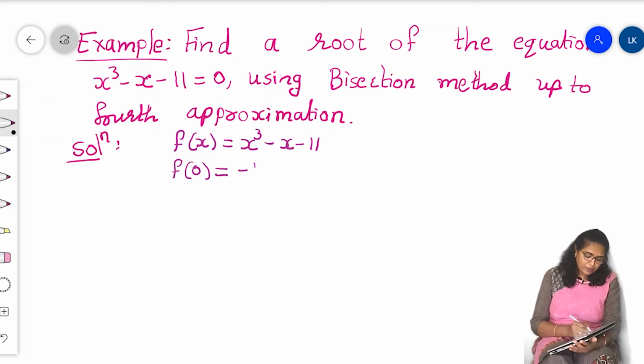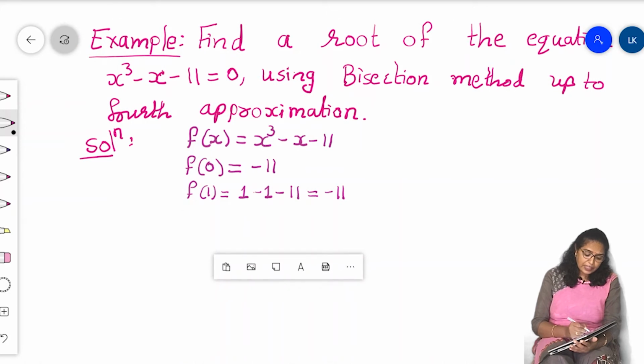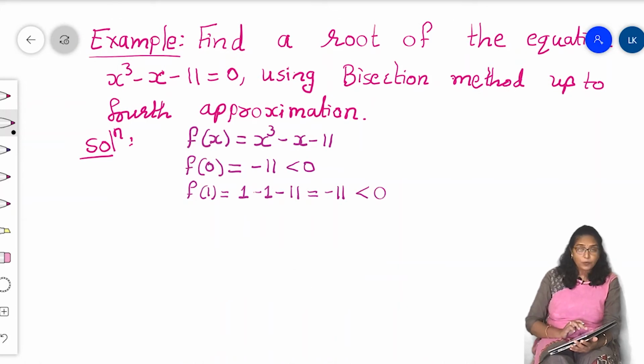F of 0 is minus 11. F of 1. Substitute x is equal to 1 in the above equation. 1 cube is 1, minus 1, minus 11. 1 cancel, plus minus. Again the answer is minus 11. That is negative. F0 is negative, F1 is negative.